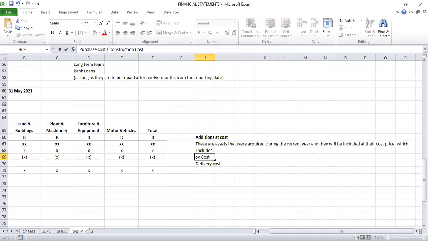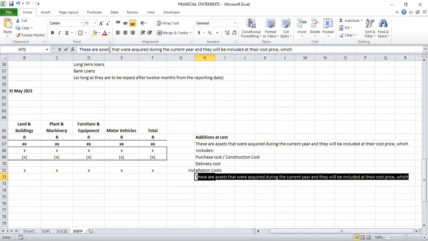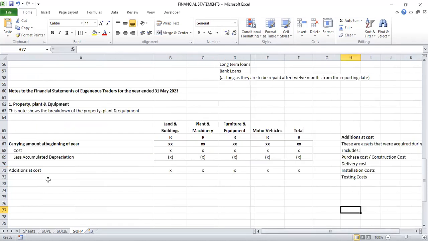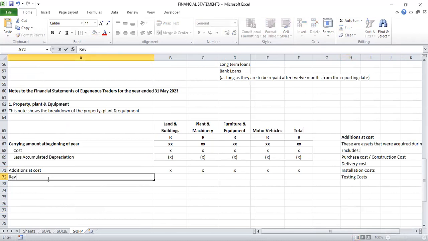Delivery where relevant, that means transport. Installation costs, testing costs, you might test to see if the machine is working well. All these costs are included in the cost of the asset. So when we say cost, we include all these costs. Right. Then I think when you do accounting at a later stage, you are also going to learn about other costs that can be included.